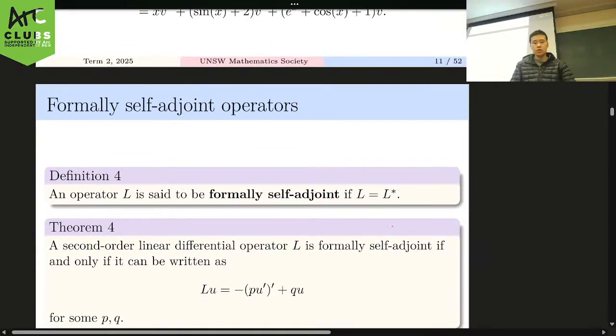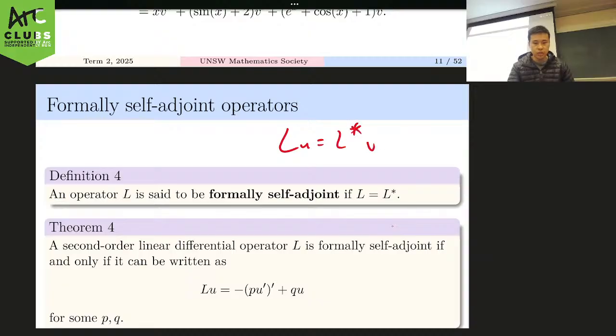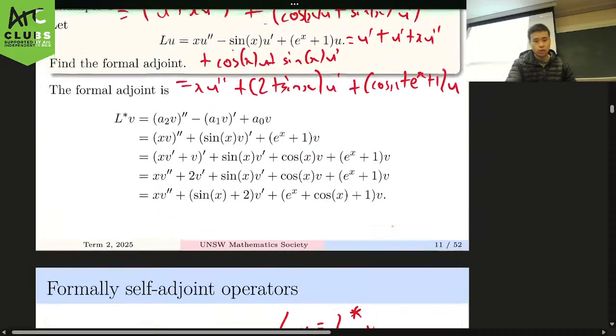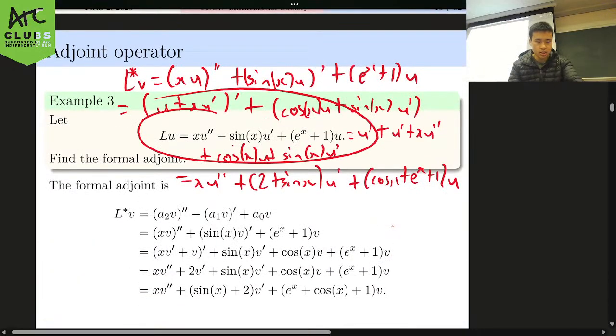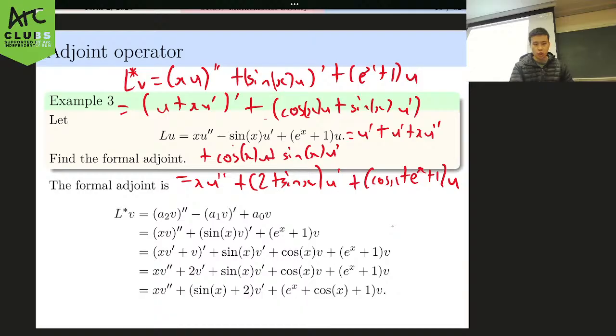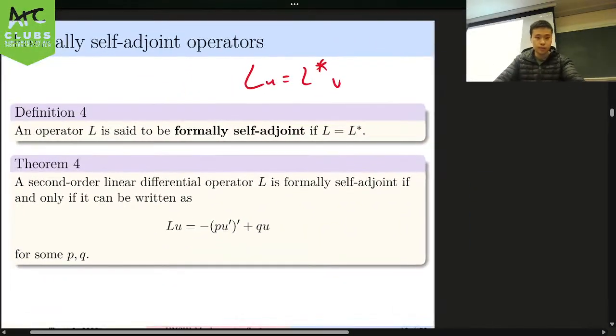An operator is formally self-adjoint if LU is the same thing as L star V. Obviously, if the letters were the same, and we found that L star V was also this exact thing, except anytime you see a U it is replaced with a V, then it's called formally self-adjoint.